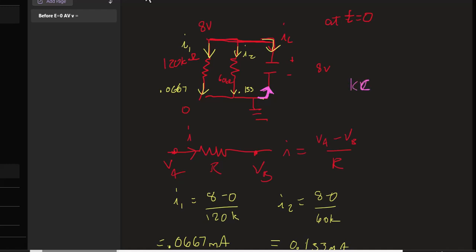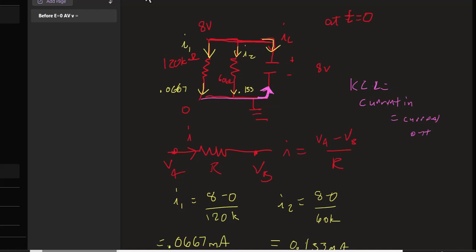So KCL basically says current in has to equal current out. And this bottom branch right here, this is a node. A node is all connected by conductor, so this is all one node. Any current coming in has to be the same as the current going out.